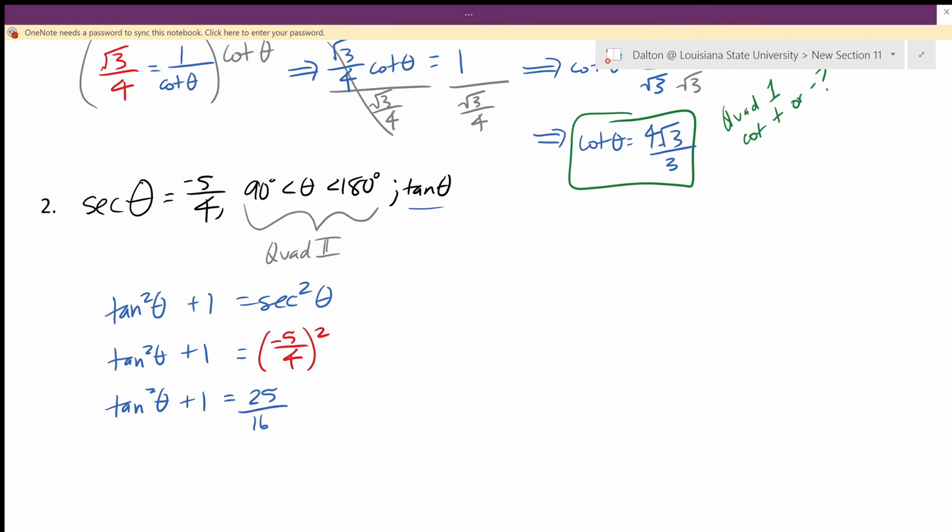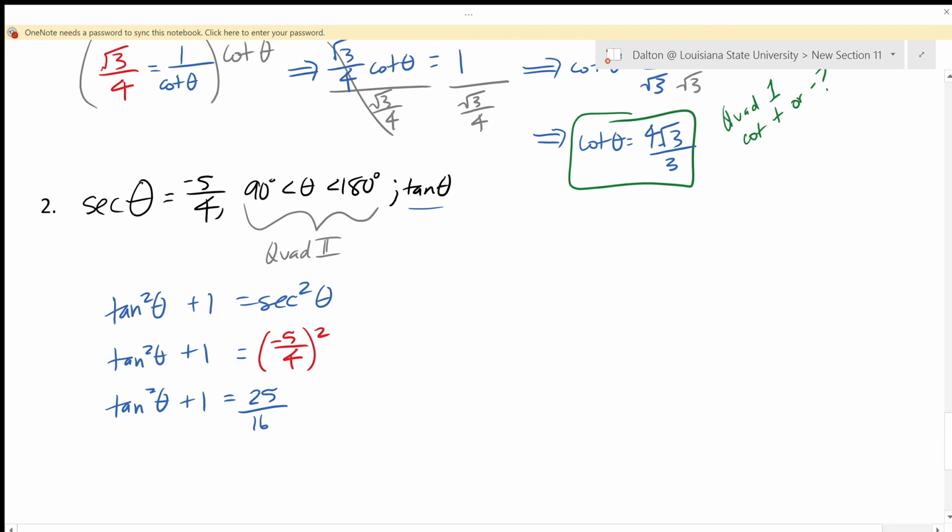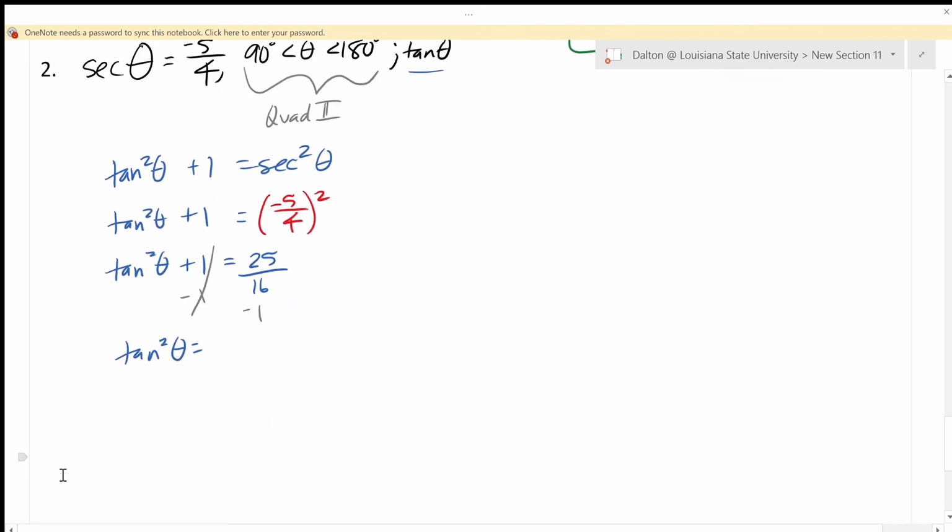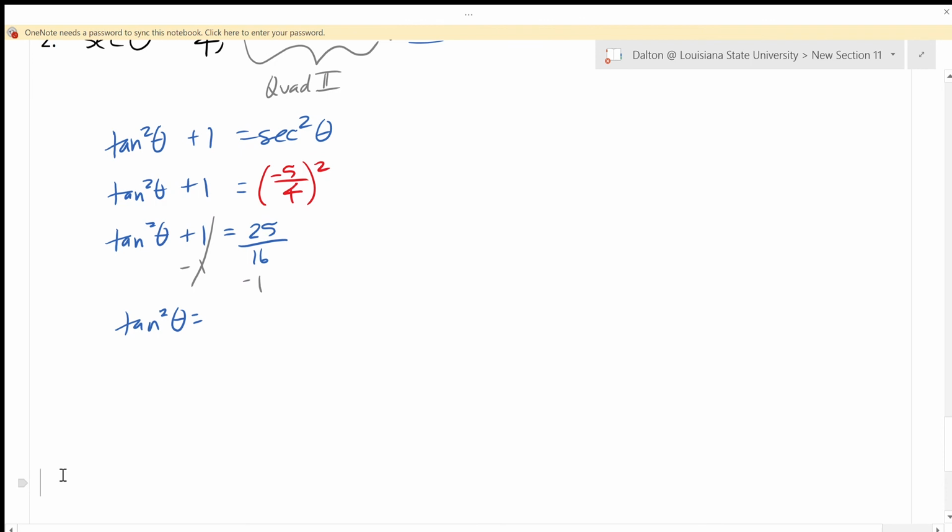Okay, and then to isolate tangent squared theta, we need to subtract 1 from both sides. So then tangent squared theta, 25/16 minus 16/16 is how many sixteenths? How many?